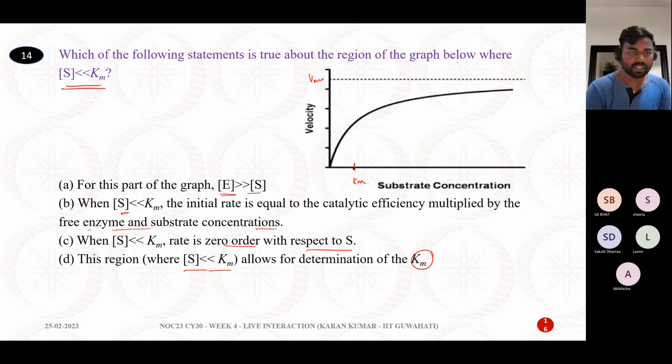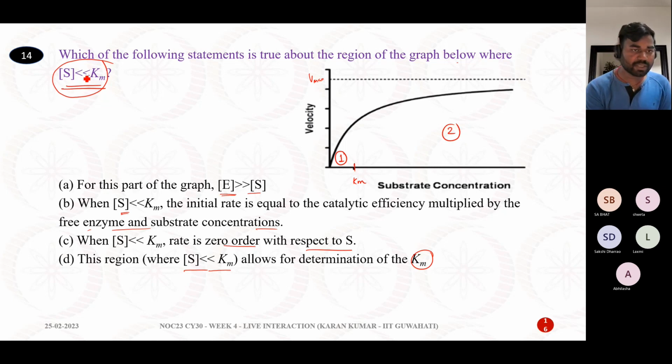So which part is it talking about? Substrate concentration is much lower than the Km. Whether it is talking about the first part or the second part. Which part? Which part this question is talking about?